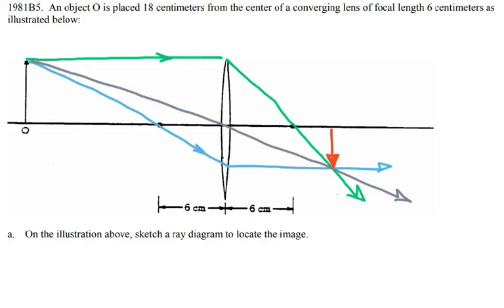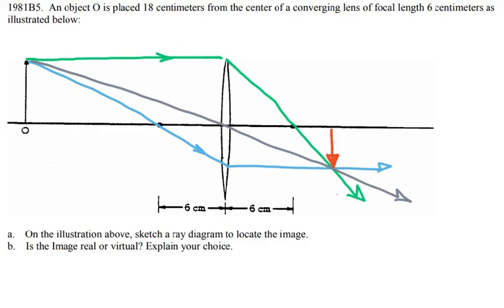For the second question, they ask, is the image real or virtual? And explain your choice. The image is formed where the rays meet in real life, so they're not virtual rays. So the image is real, and it is inverted.